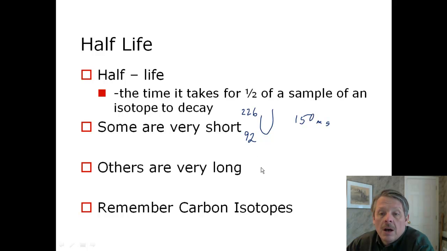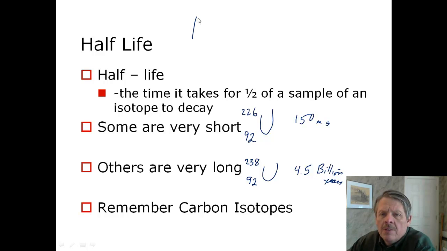All right. Now others are very long, so again, we can still use uranium, but we have a different isotope, which is uranium-238, which is very common in nature. And its half-life is 4.5 billion, that's with a B, years. All right, so it takes a real, real long time for that stuff to decay.